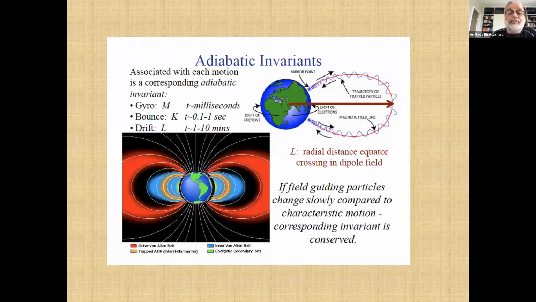Because of the very disparate timescales, there are different types of waves that you would need in order to have resonances with either the gyro frequency, the bounce frequency, or the drift frequency. And you go from the fastest wave to slower ones. But through the phenomenon of resonance, you can break the adiabatic invariance and you can detrap particles. You can also accelerate them locally. And these are subjects of very intense research.